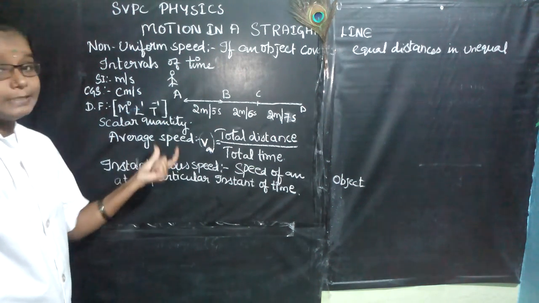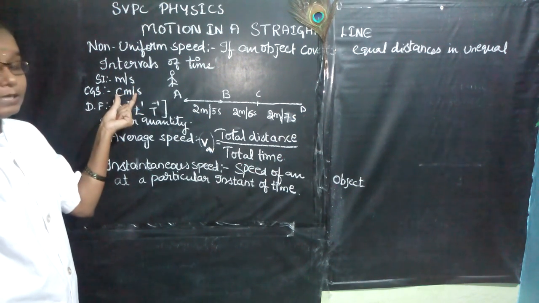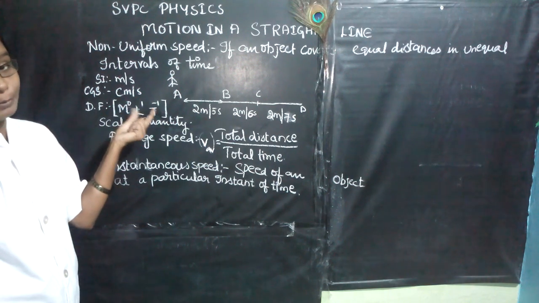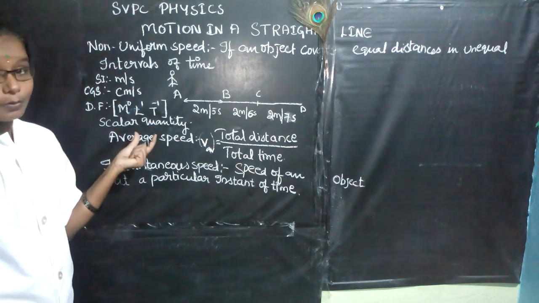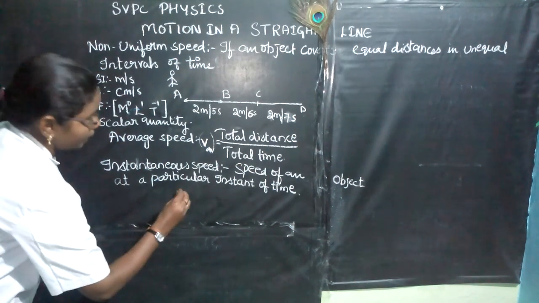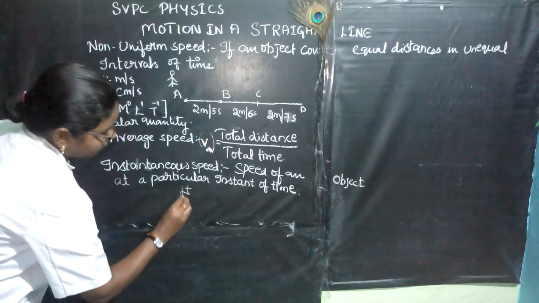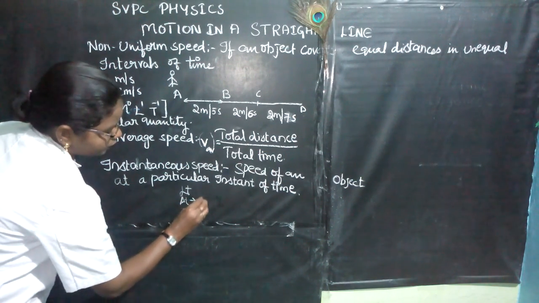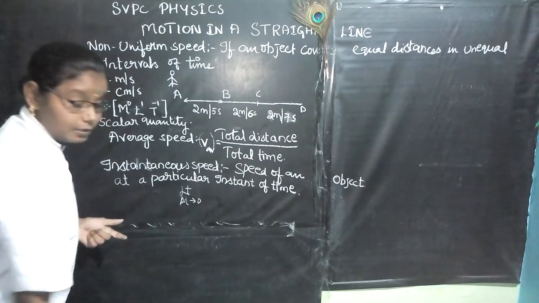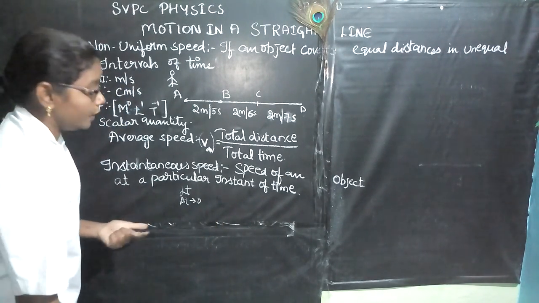And instantaneous speed has the SI unit, same, meter per second, CGS unit, centimeter per second, and its dimensions are M^0 L^1 T^-1, and it is a scalar quantity. And here the formula comes out to be: here we have to take a limit as delta t tends to 0, because we are taking very small intervals of time. It means a very small interval of time.